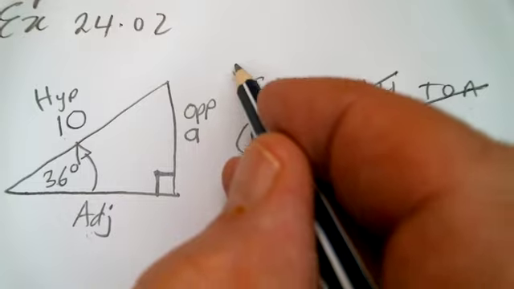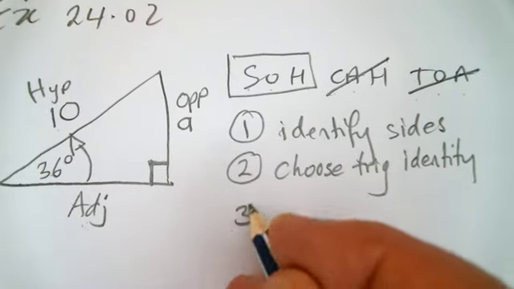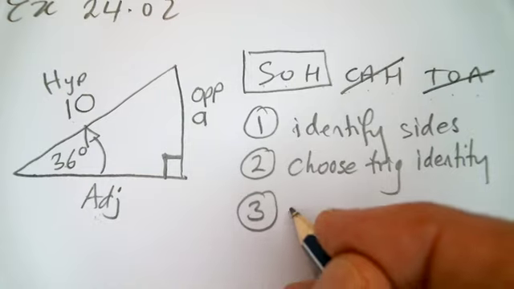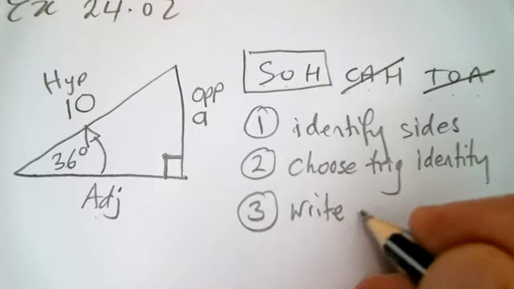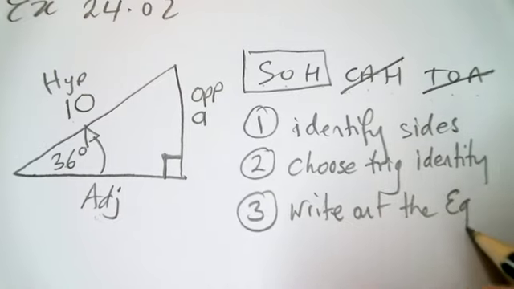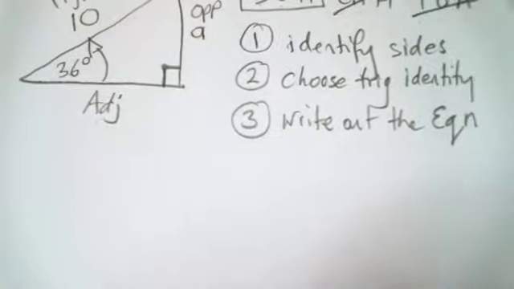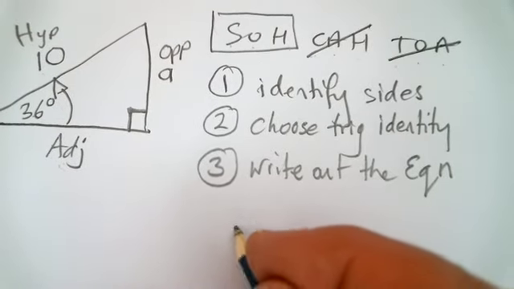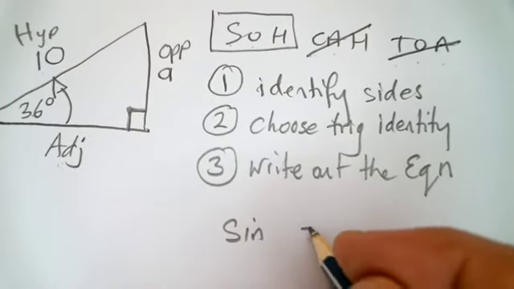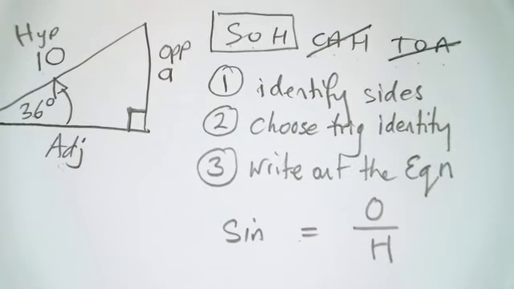So we're left with sine is opposite over hypotenuse. So that is the identity we're going to use. And step three is to write out the equation. And the equation in this case is going to look like this. It's going to be sine is equal to opposite over hypotenuse, just in the way I described before.